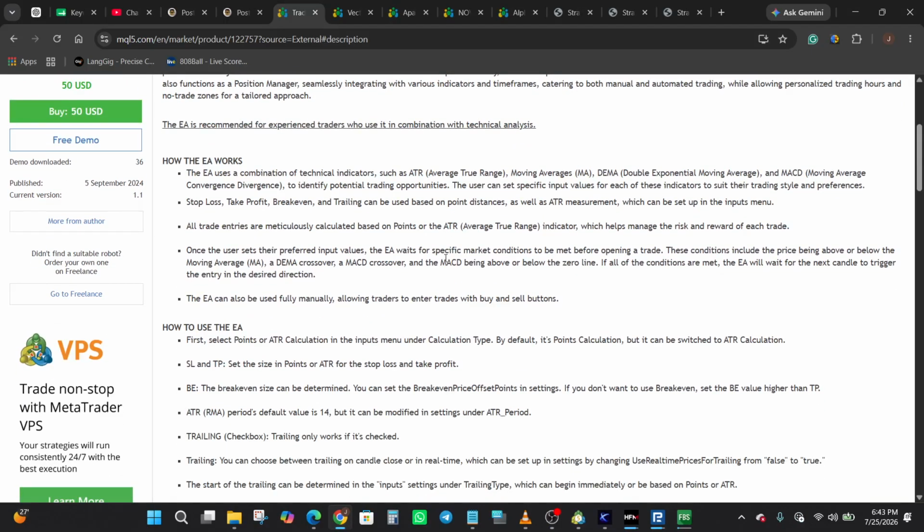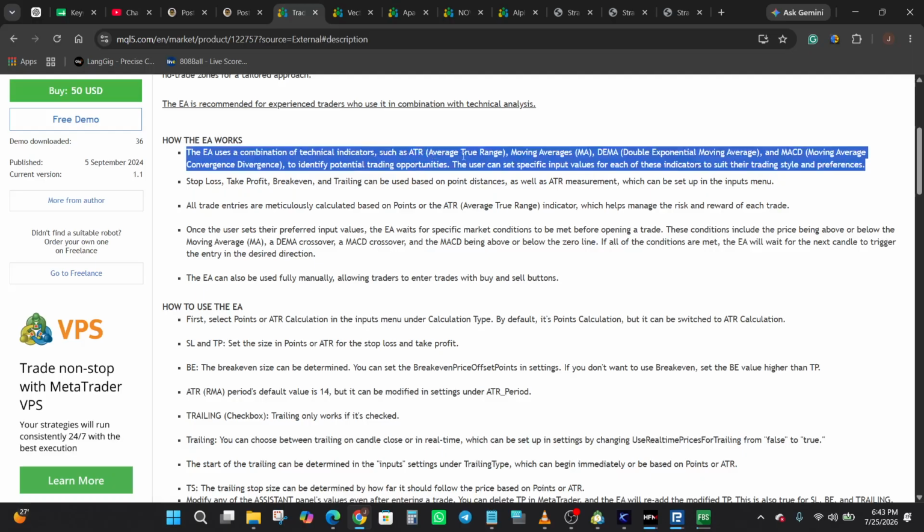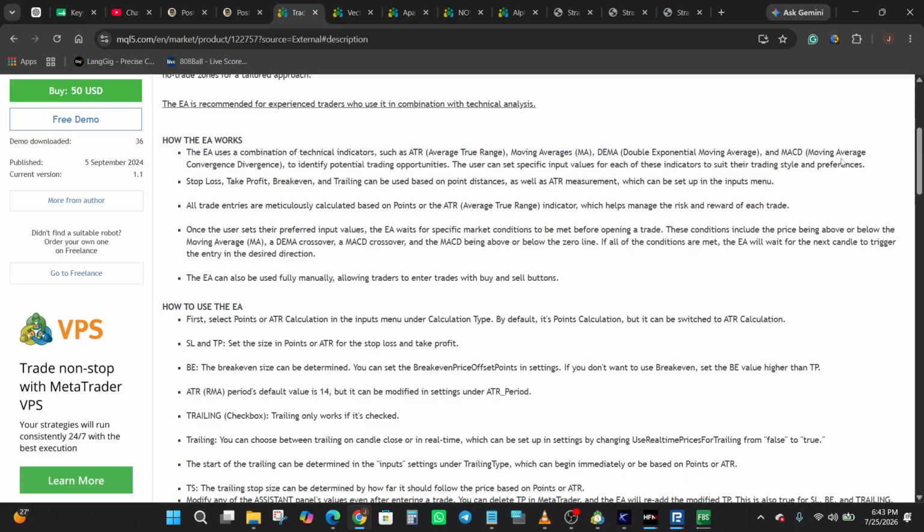Now, with respect to how it works, the page explains that the EA uses a combination of ATR, moving averages, DEMA, that's the double exponential moving average, and the MACD, which is the moving average convergence divergence. All right.